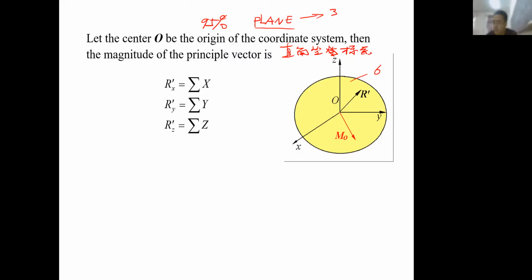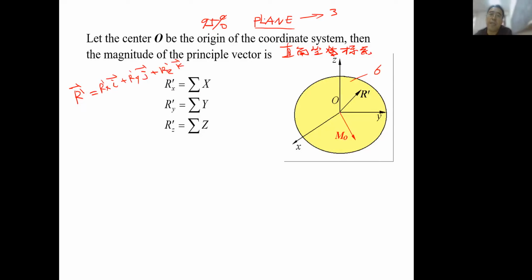So, maybe I can write here, R prime is actually just a vector. It can be read as Rx prime along the x direction, Ry prime along the y direction, and Rz prime along the z direction. From your mathematical course, you have learned this kind of vector. If we talk about a vector in space, it will have three components.